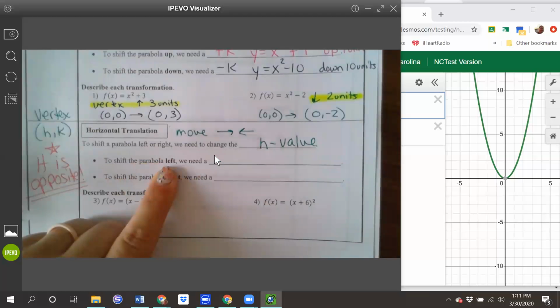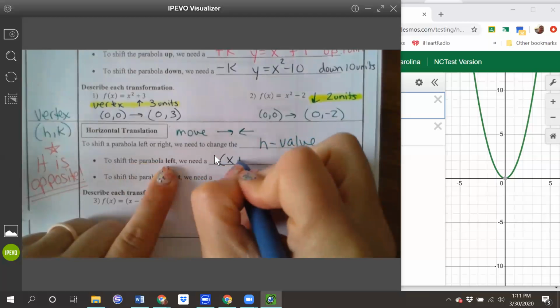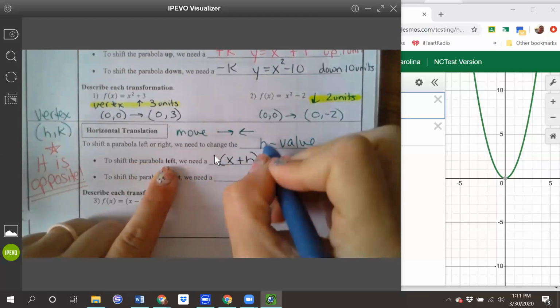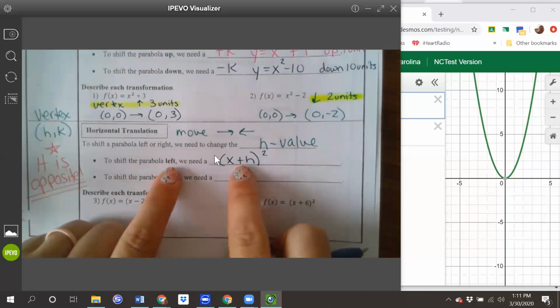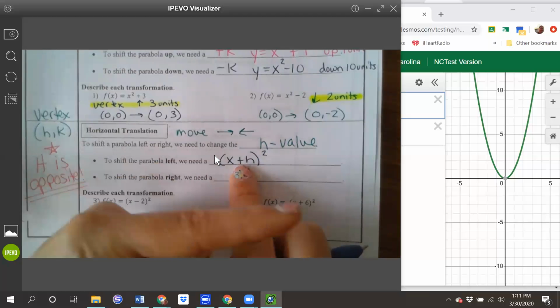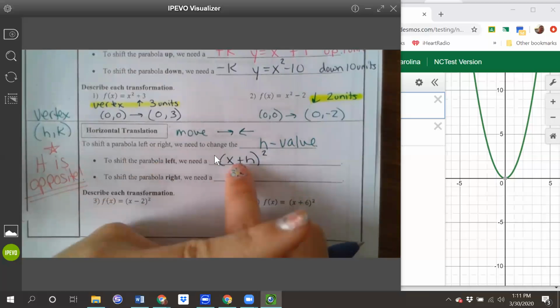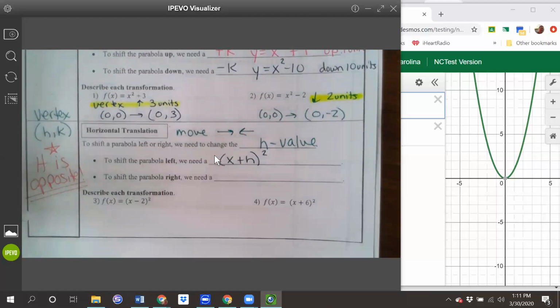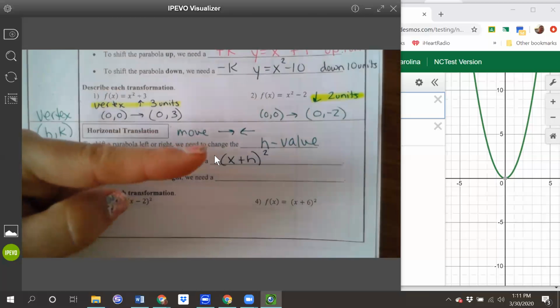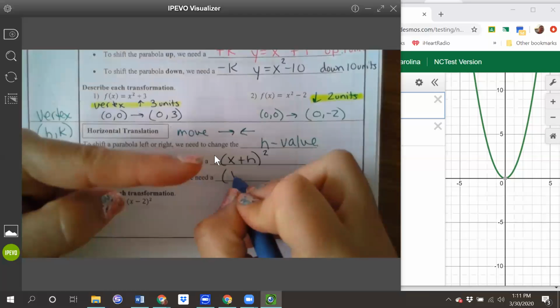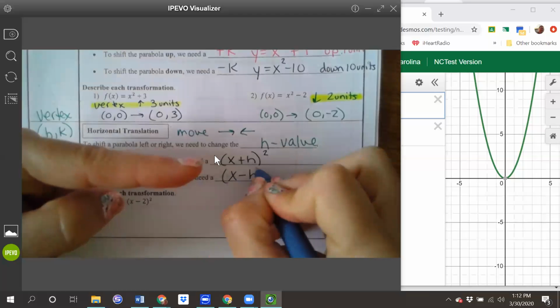So that means that x plus h squared, that plus h is going to shift our stuff to the left. So it should be opposite. Usually when I think plus, I think in the right direction, which is actually going to go opposite, and it's going to move it to the left. And then likewise, when I think that I need to move to the right, I need to do the opposite of that, which is going to be x minus h.